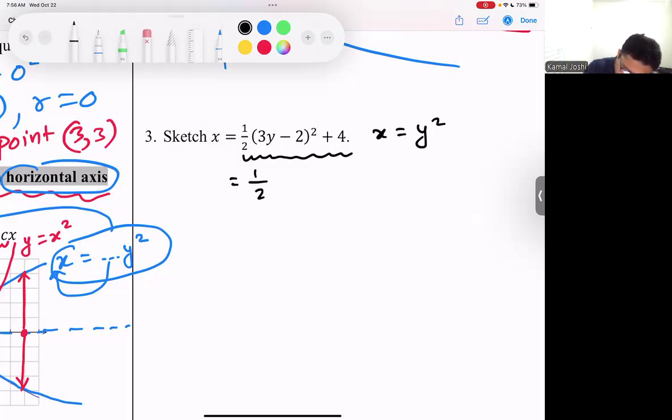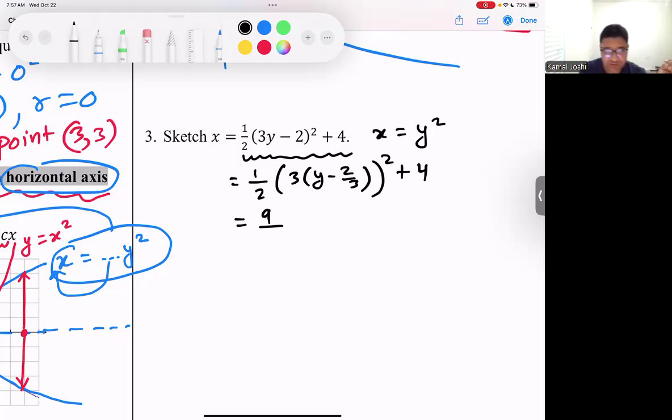In the parenthesis, I'll take 3 as a common factor, so it will be y minus 2 over 3 whole squared plus 4. I factored the 3 out of it, and now the whole square applies to both 3 and the other factor. So 3 squared will be 9. I'm going to write it outside. It will be 9 over 2 times y minus 2 over 3 whole squared plus 4.